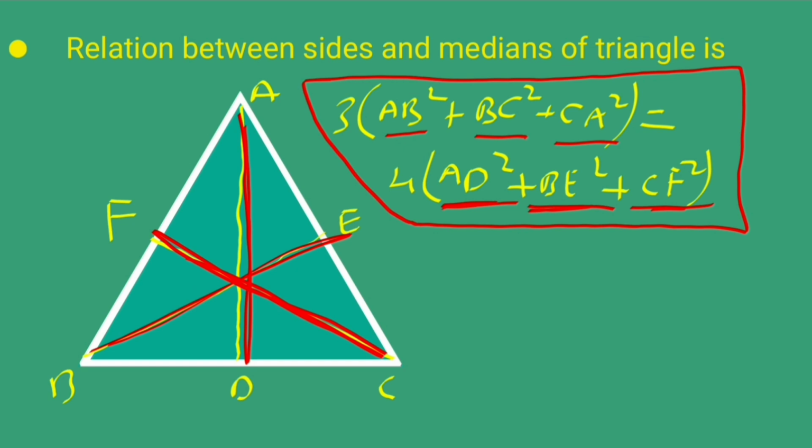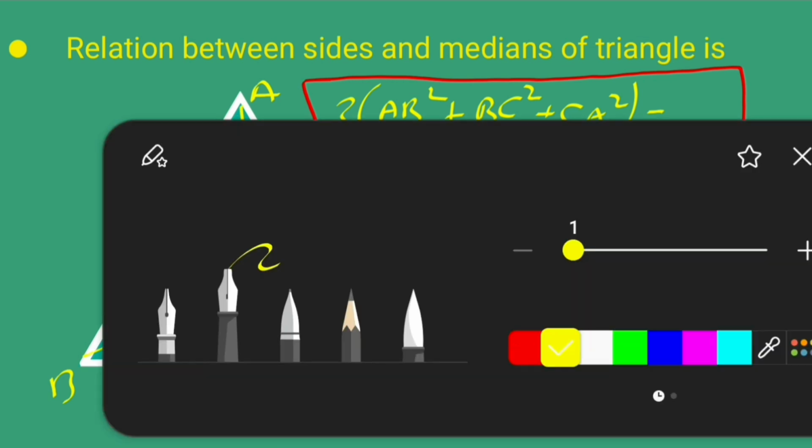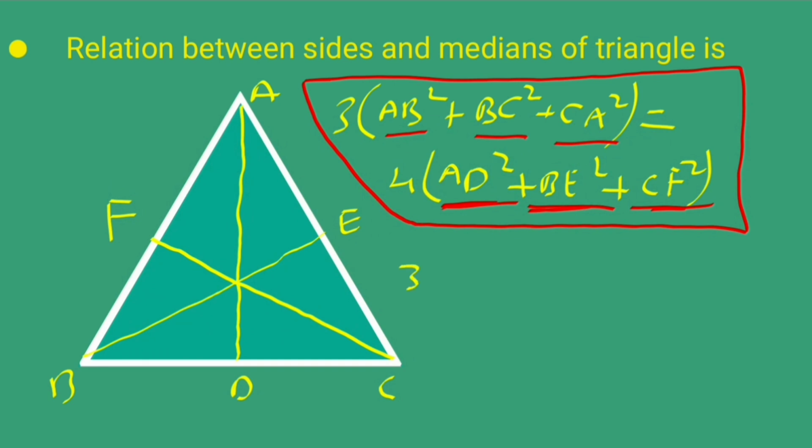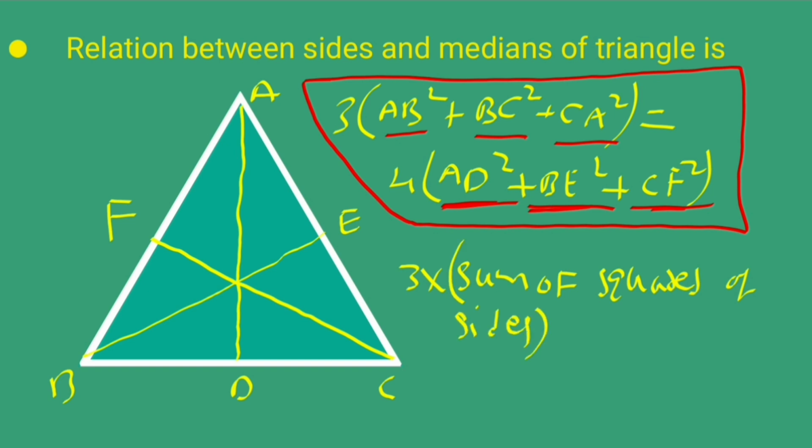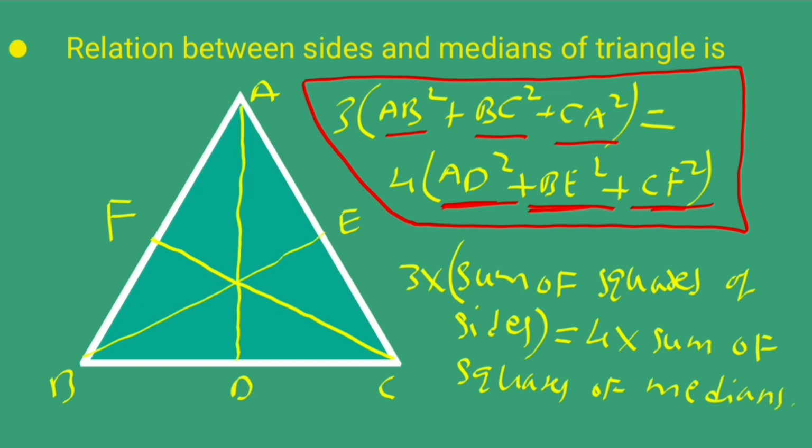So this relation in words can be written as 3 times the sum of squares of sides is equals to 4 times the sum of squares of medians. Okay, this is the relation between sides and medians of a triangle.